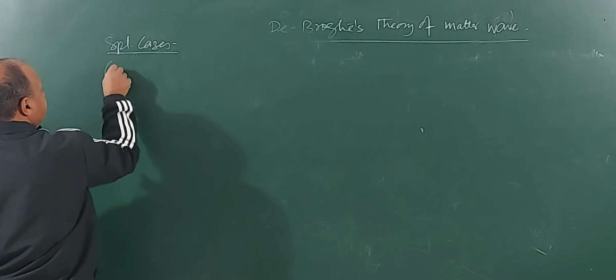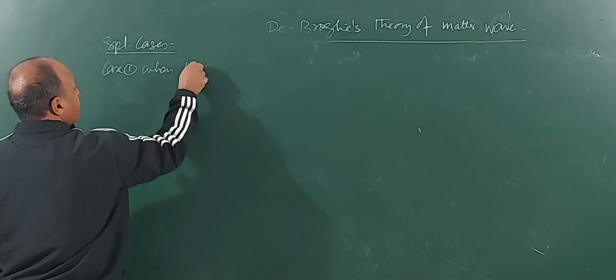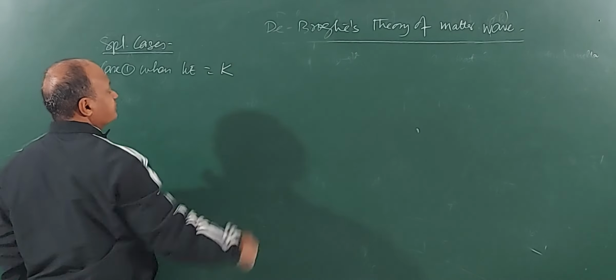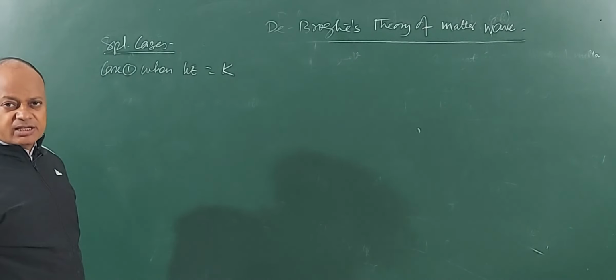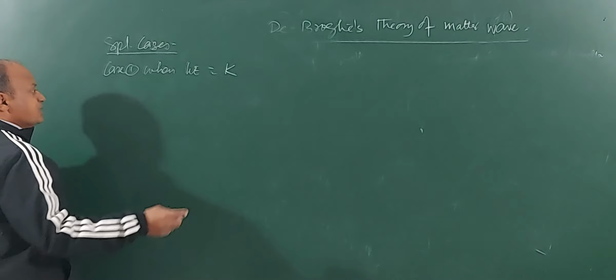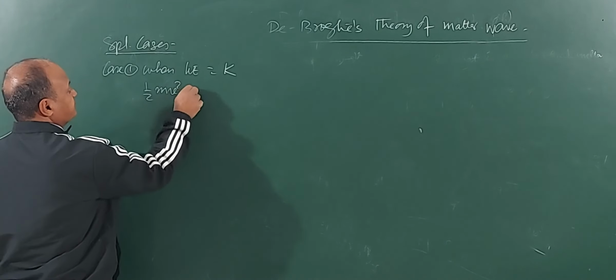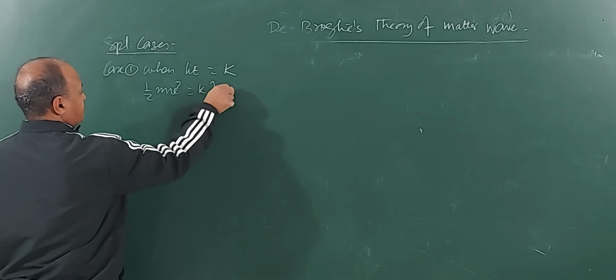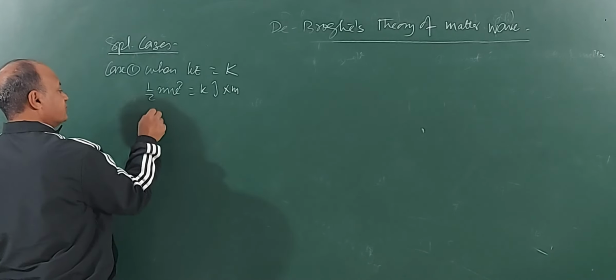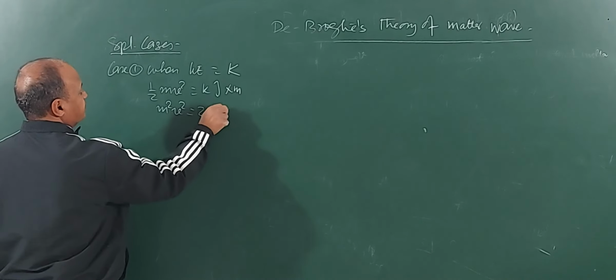Case 1, when kinetic energy is K. I can write E also, there is no problem. Then children, you know that K is equal to half mv square. Multiply both sides with m. So m square v square is equal to 2mK.